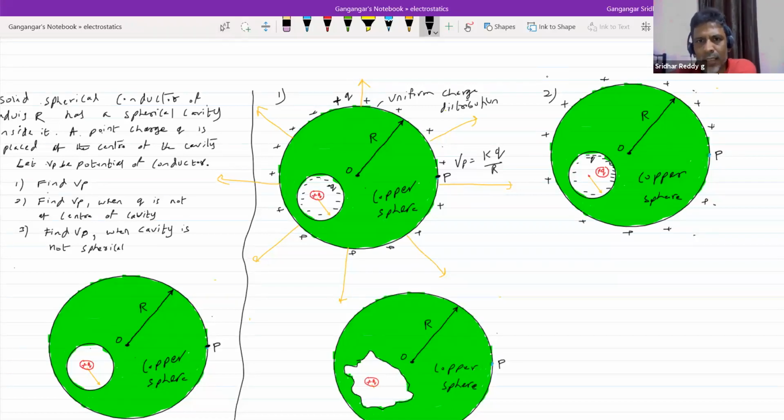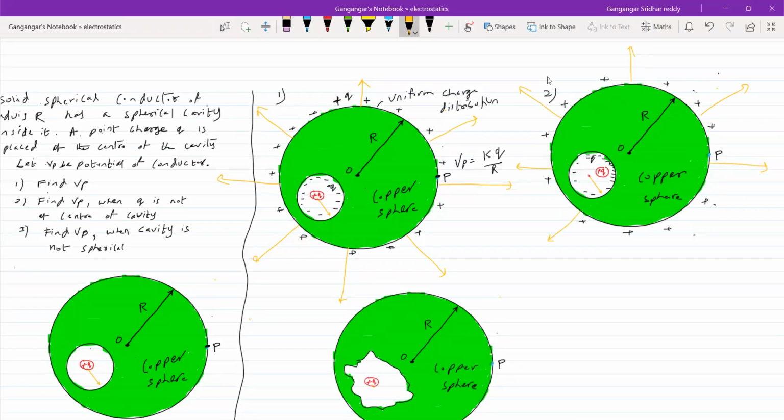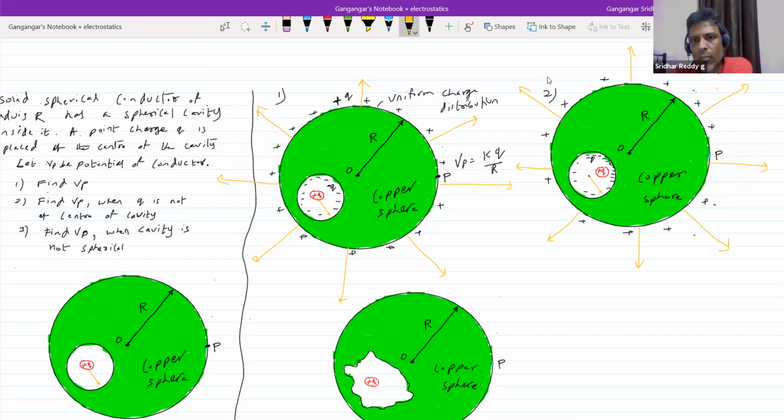Okay, again the same lines of force. I'll draw it. So again, what is the expression for potential here? The same equation, I'll write it. Okay, now the third case.